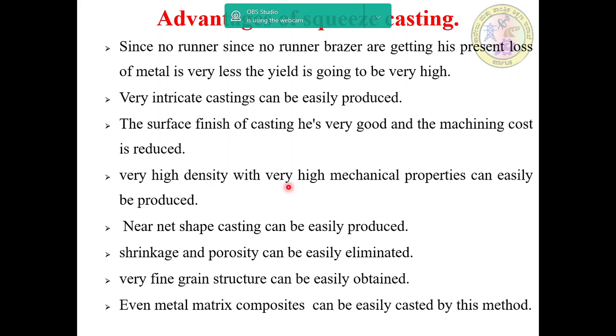Very high density with very high mechanical properties can be easily produced, and near net shape castings can be easily produced. Shrinkage and porosity can be easily eliminated. Very fine grain structure can be easily obtained, and even metal matrix composites can be easily cast by this method.